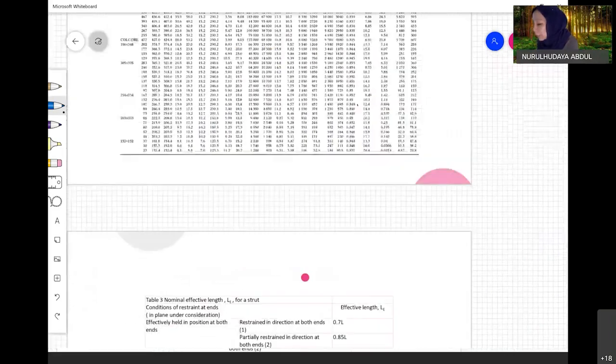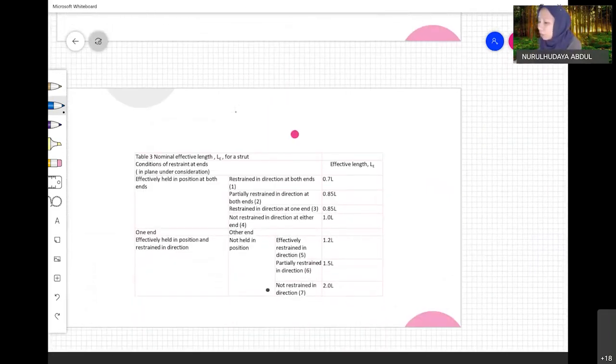When it says restrained in position at both ends, obviously you will see effectively held in position at both ends. So this is for a braced column, because if you look at unbraced, effectively held in position at one end, but the other end is not held in position. This question's condition is definitely braced, among these four.